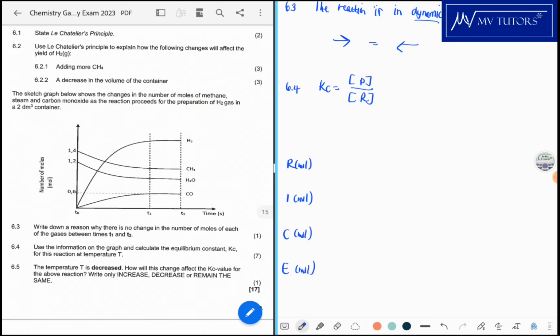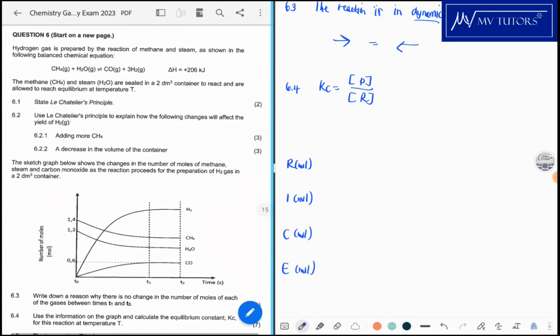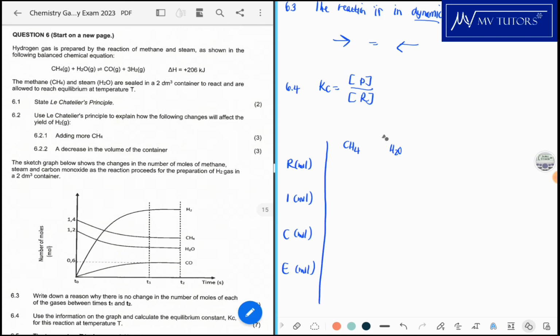For the reactants, we have methane, and we also have steam. Then for your products, we're just going to draw a thick line.